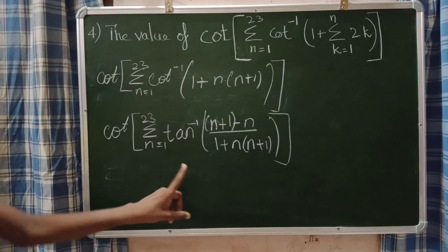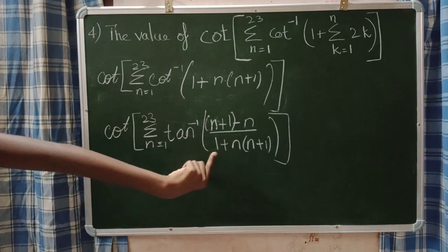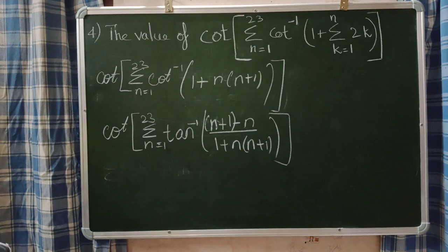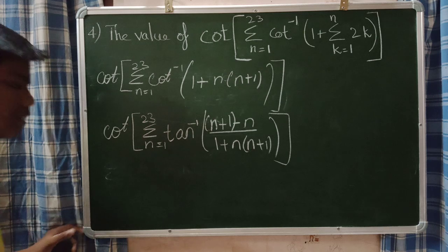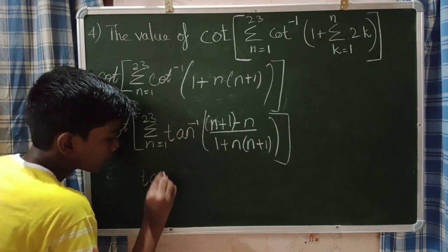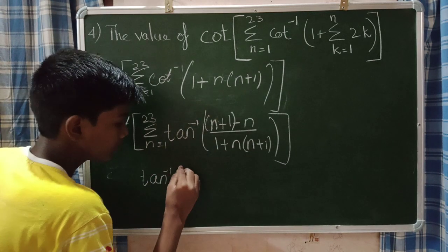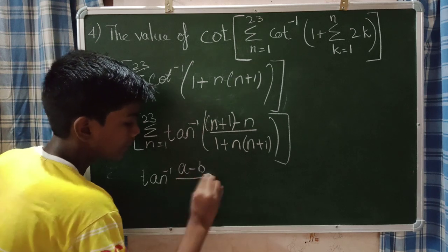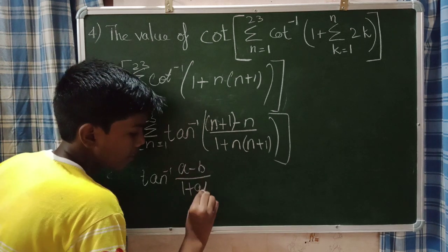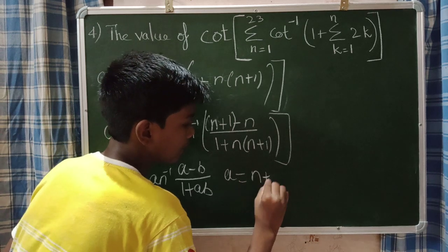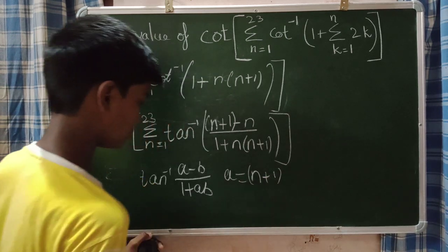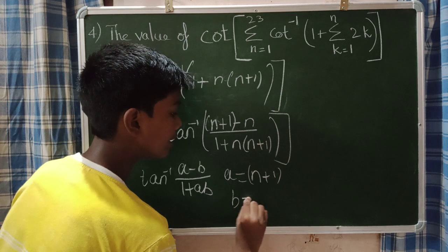That means tan inverse of n plus 1 minus n divided by 1 plus n into n plus 1 looks like the form tan inverse of a minus b divided by 1 plus ab, where a is equal to n plus 1 and b is equal to n.